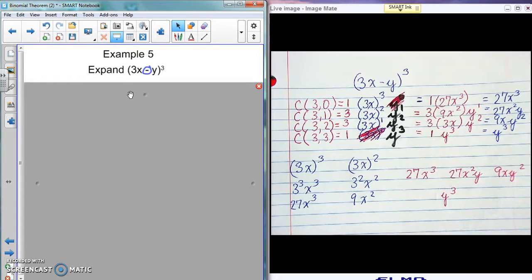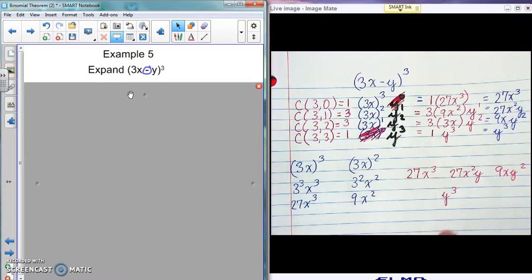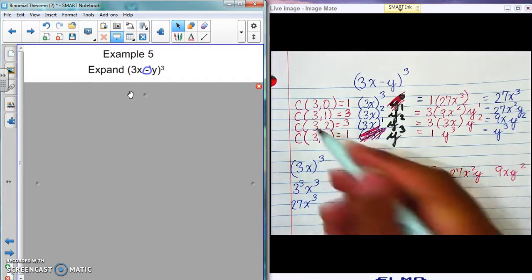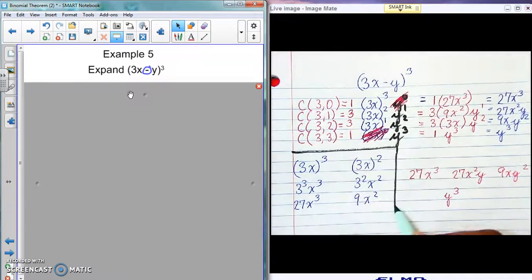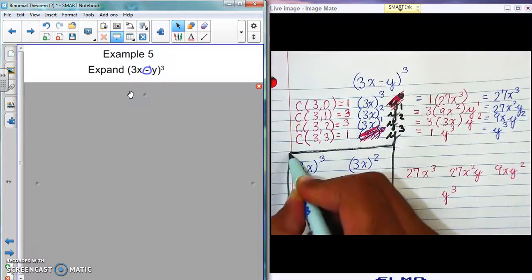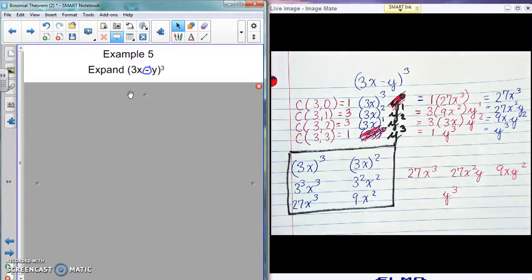So again, leave a space between each one of those pieces, and I ran out of space on the side here, so I put the y cubed down here at the bottom. And also, I'm going to box this off too, because that has nothing to do with the answer. That's to help us get to the answer.